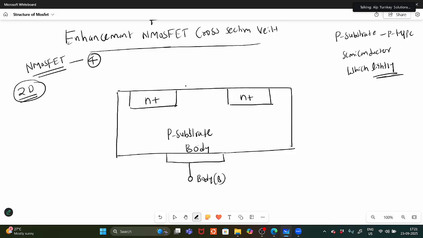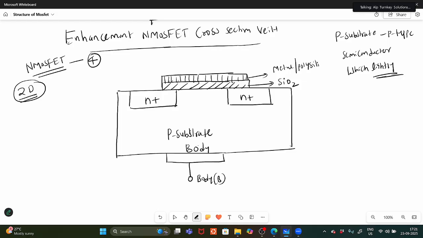Between this one and this one there will be an insulator, which is SiO2, silicon dioxide, and above this there will be metal. For the gate you can use polysilicon also.